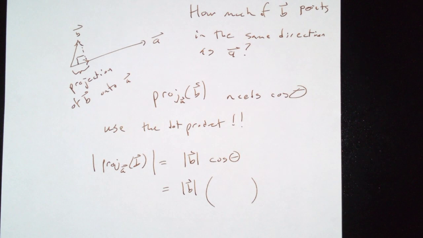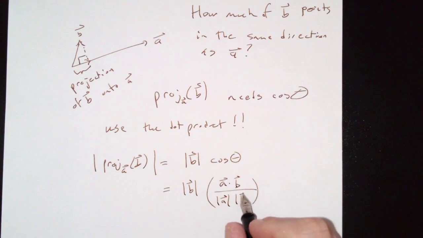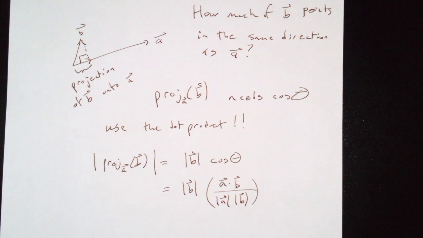I need a thingy with a dot product inside that sort of parentheses. But wait a minute. There's a length on the bottom and there's a length on the outside. They're going to cancel.